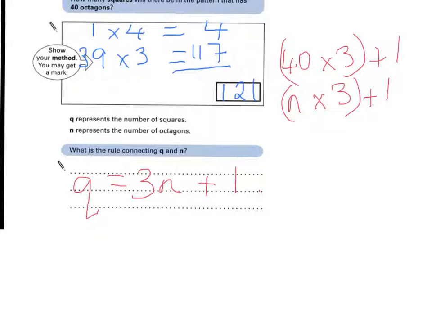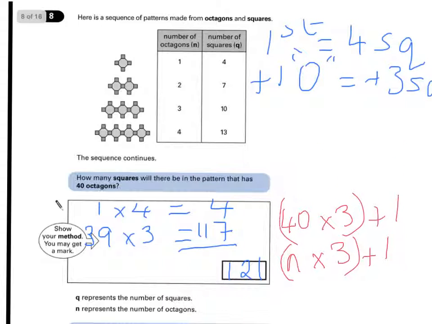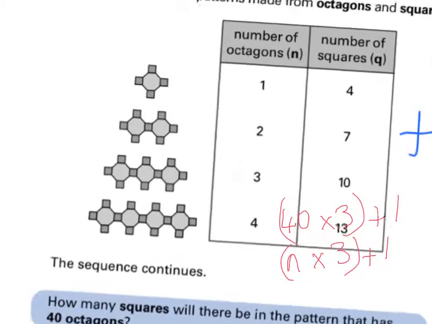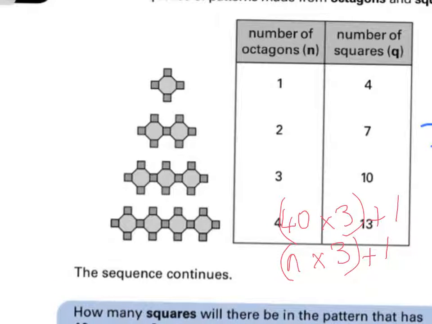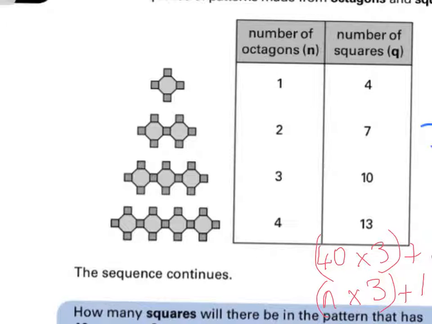Let's just go back to the diagram that we had at the beginning. We'll move that out of the way. If we look closely and we actually zoom in on the diagrams, we can see that we have 1, 2, 3, 4 squares in the first one. And what's actually happened is that when we've added the extra octagon, we only needed to add these 3 squares. And the same when we added the next one, 1, 2, 3.